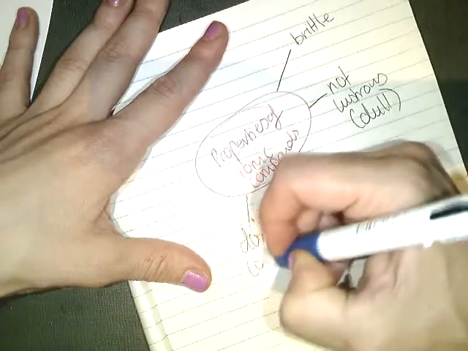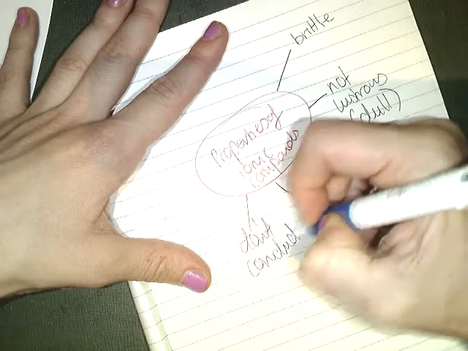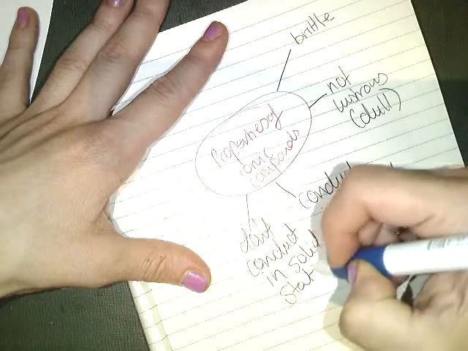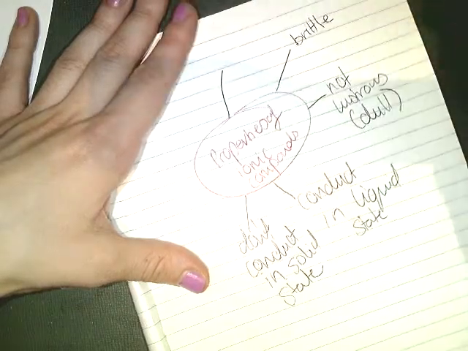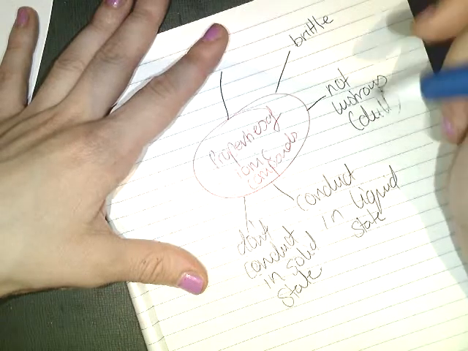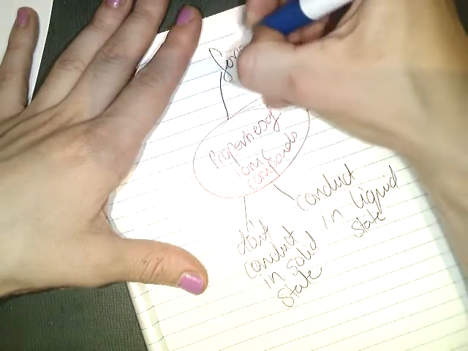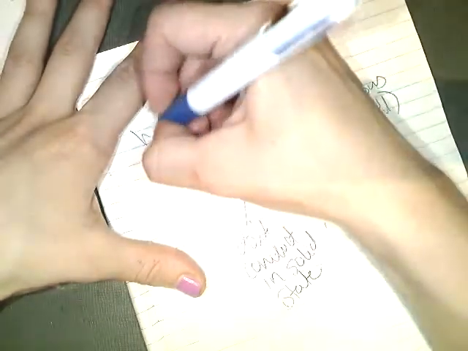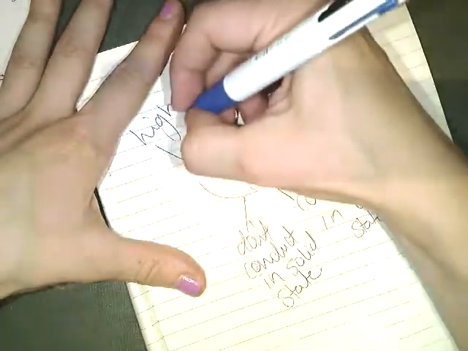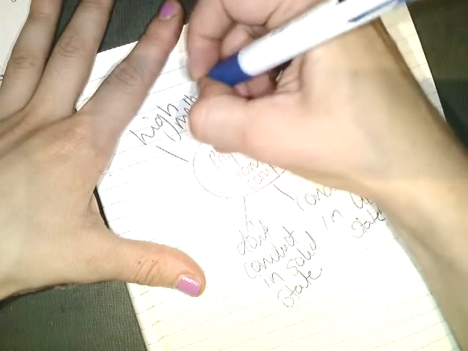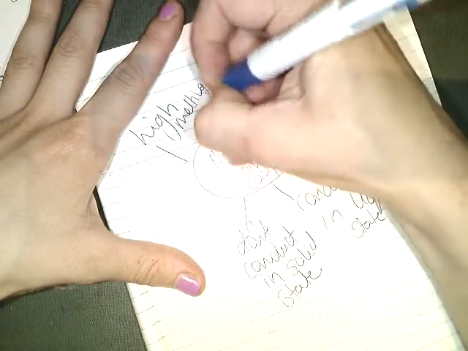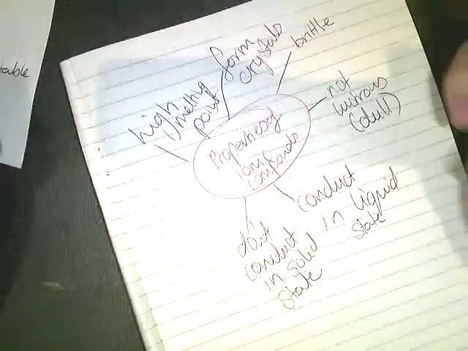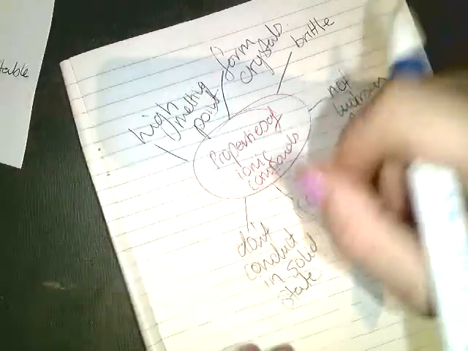They don't conduct in solid state. Okay, and they form crystals and have a high melting point. We need to be able to explain all of these properties using our idea of the ionic bonding model.